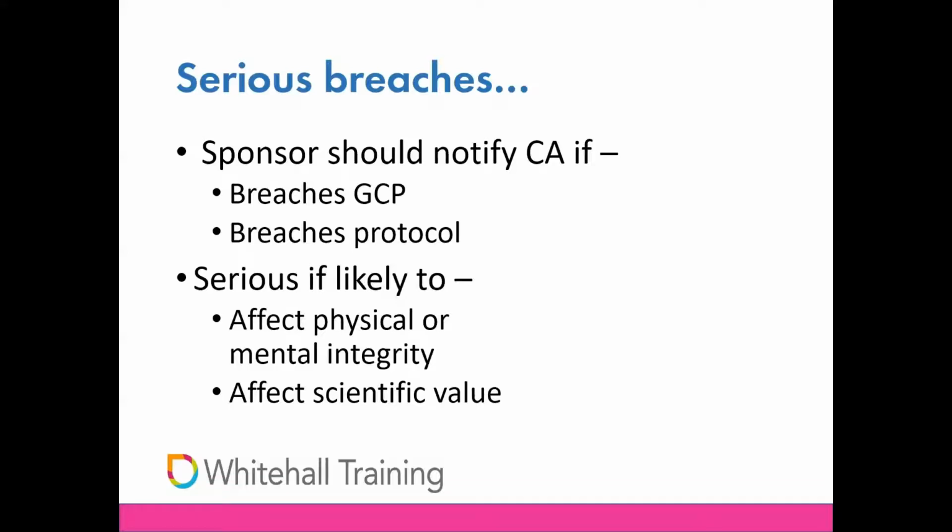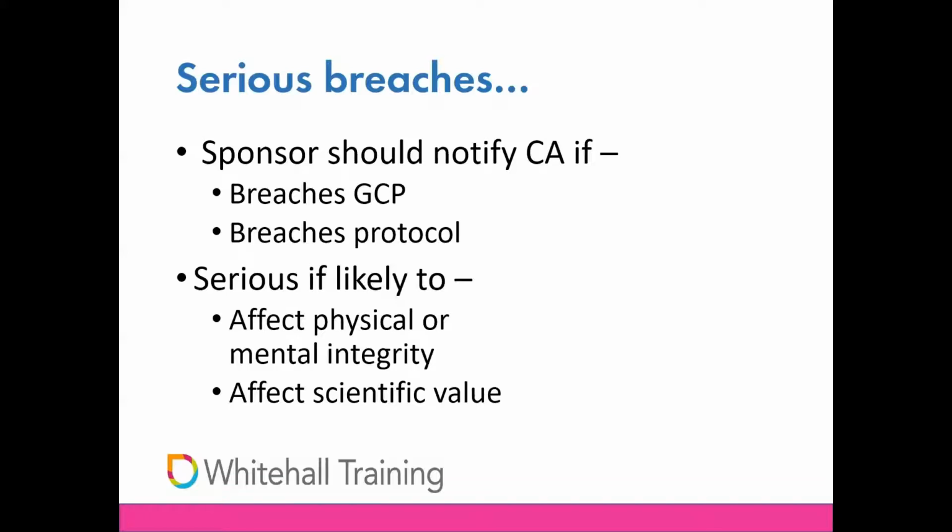A serious breach is something that's likely to affect to a significant degree either the safety or physical or mental integrity of subjects on the trial, or the scientific value of the trial.